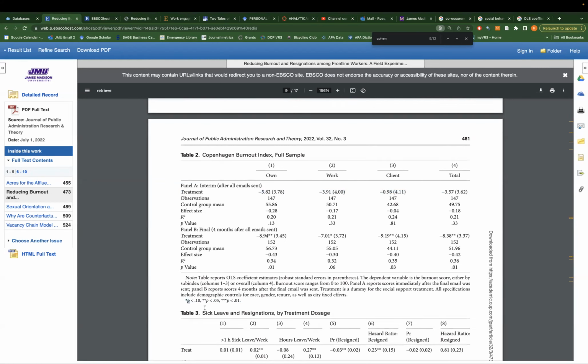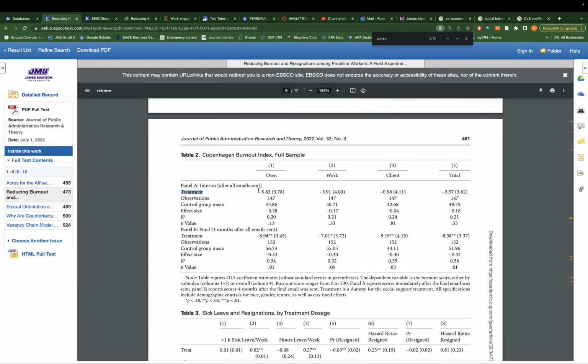Oftentimes the stars will indicate when something is statistically significant. So here we see these stars or asterisks. That says it's statistically significant at the 0.05 level. In this case, none of these are statistically significant after the treatment.